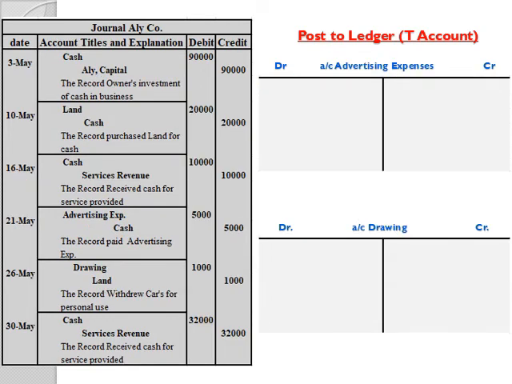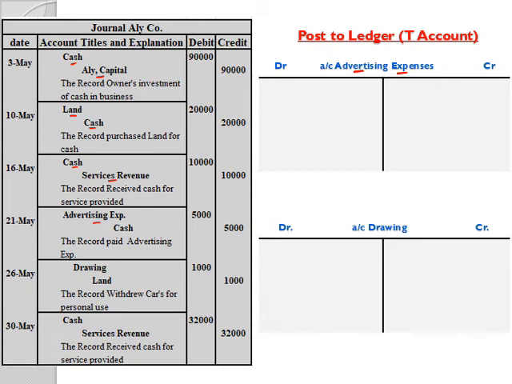Post to ledger, advertising expenses, normal balance debit. Go to the entries: entry number 1 cash to capital, number 2 land to cash, number 3 cash to services revenue, number 4 advertising expenses to cash.